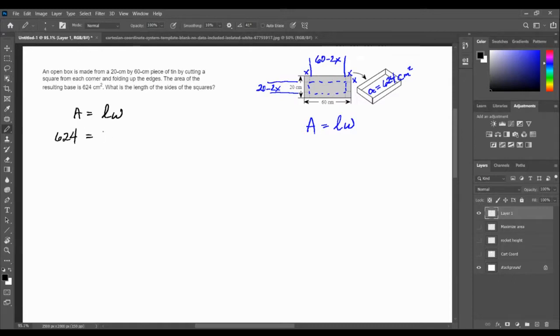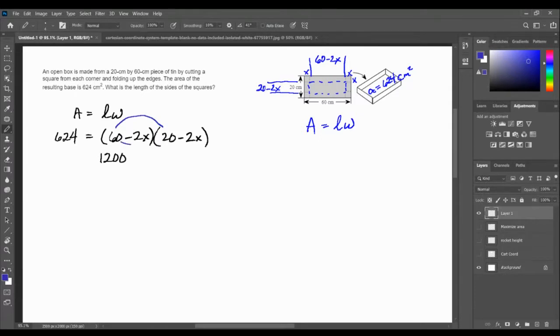We just decided that the length is 60 minus 2x, and that the width is 20 minus 2x. And so I should be able to work this out just fine. Let's do a little FOILing. 60 times 20 is 1200.